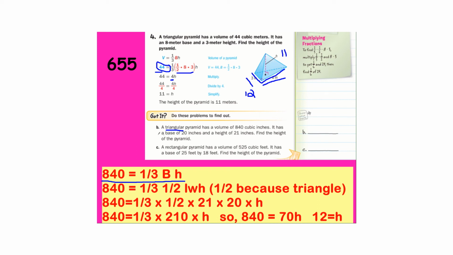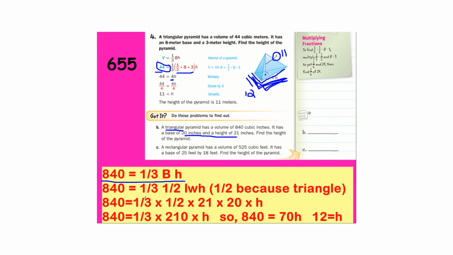This one's talking about if it's a triangular, like if you look at this top one here, it's saying the base is 20 on this one, and 21 for the height of the triangle. That's what this is telling you right here. Okay. And it needs to know the height of the pyramid. It needs to know this part right here.